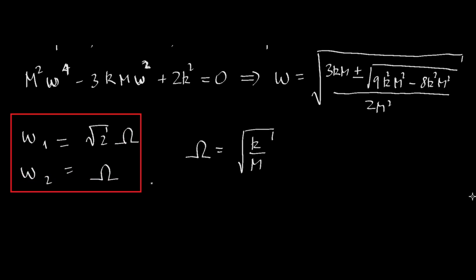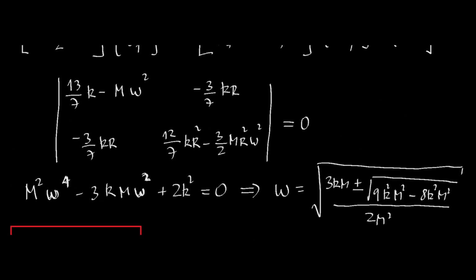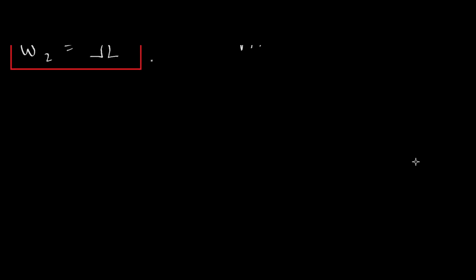The mode shapes can be obtained by plugging the respective omega squared into this matrix here, and then calculating the respective coordinates. This is a fairly straightforward exercise. I will just write here the results.